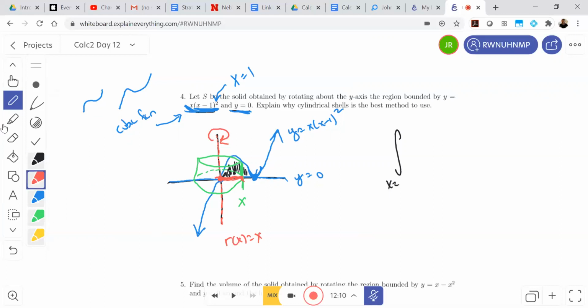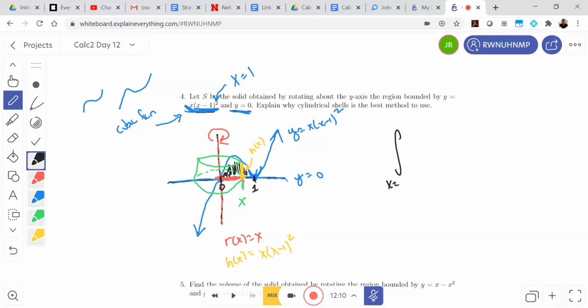And then the height is given by this height right here. That's the height from the y-axis up to the function. And so that's just given by h of x equals x times x minus 1 squared. Right? It's the height from that down to 0. And then we can realize that our x values range from 0 up to 1.